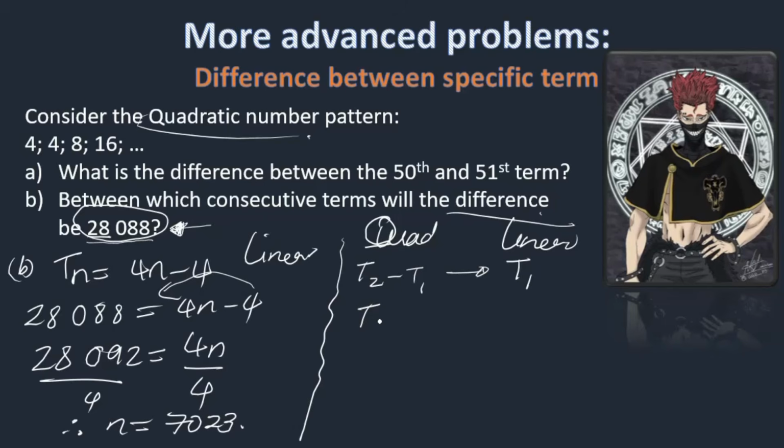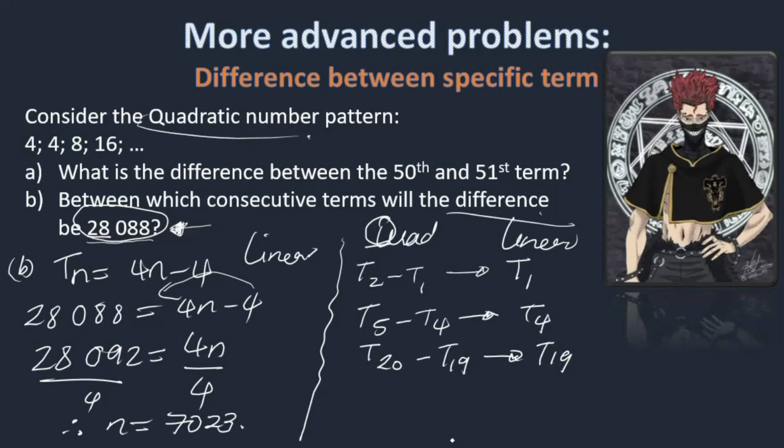Let's speed it up a bit. We said T5 minus T4 gives you T4 in a linear pattern. Let's do the last one. We can say T20 minus T19 in a quadratic pattern gives you T19 in a linear pattern.